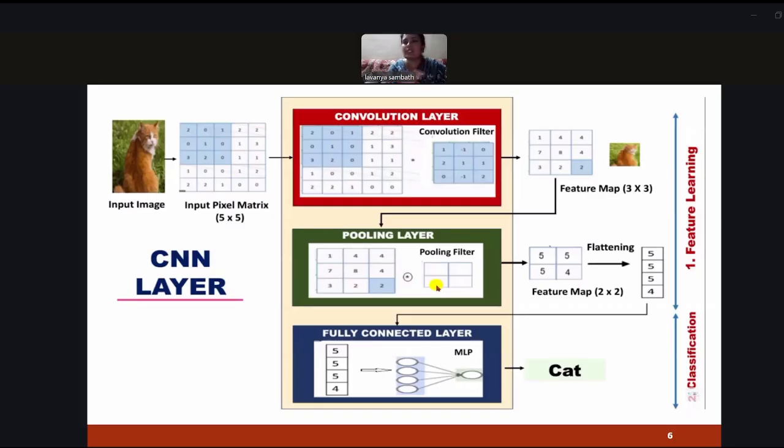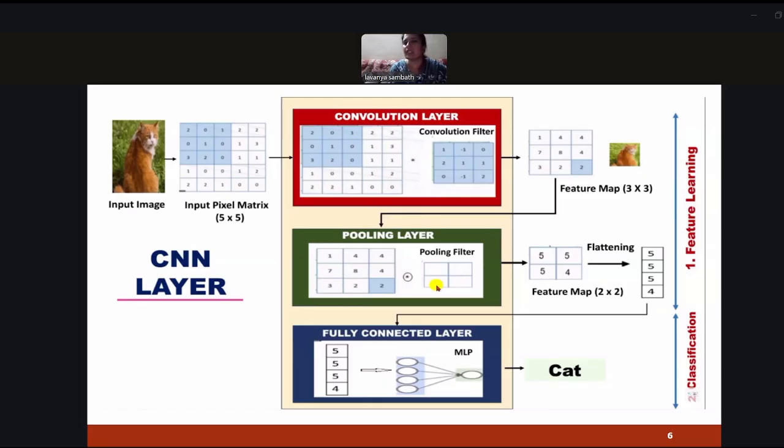Okay, so this is a simple convolution neural network. First, you had a convolution layer. Then you had a pooling layer where you can perform either max pooling or average pooling. After performing the pooling operation, you will be getting a feature map. This feature map will be flattened, and that will be given as input to a fully connected layer.